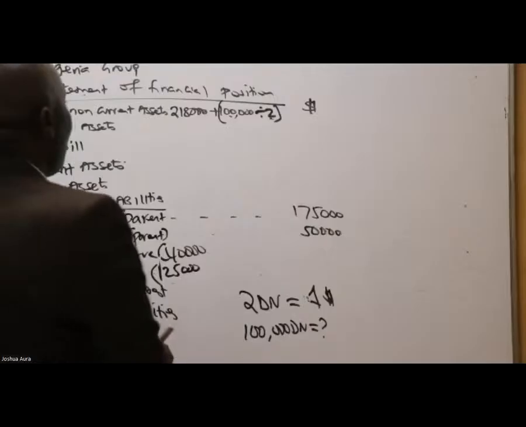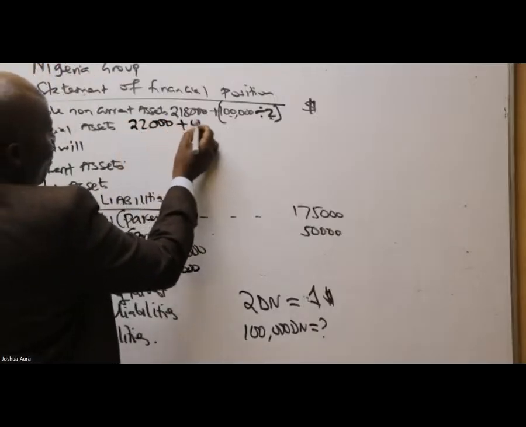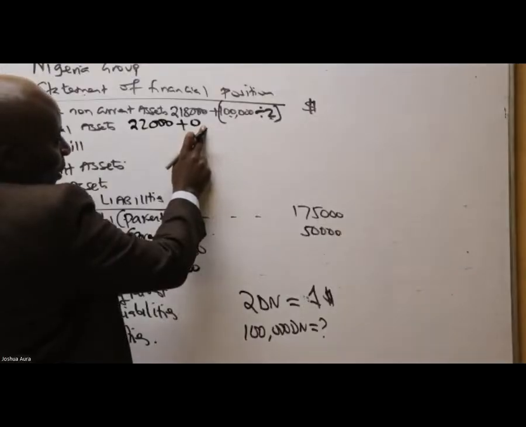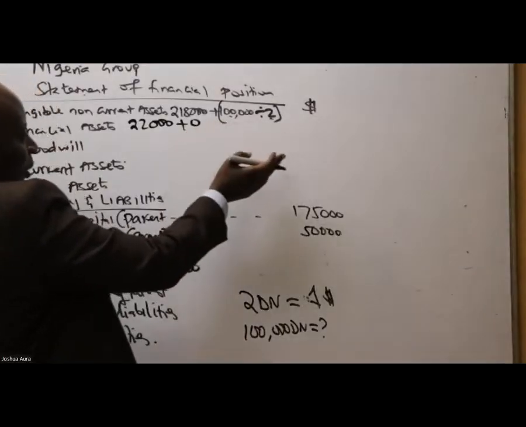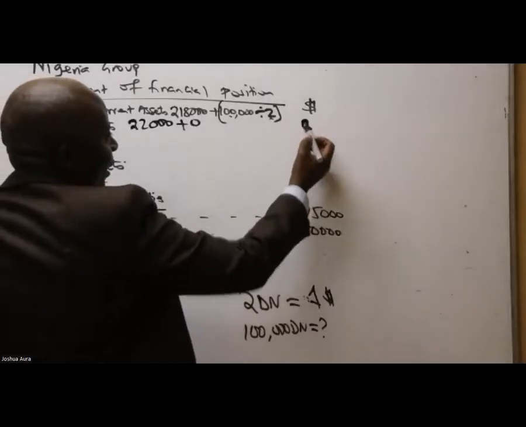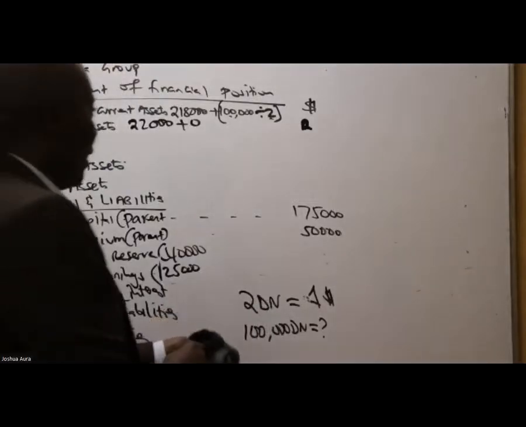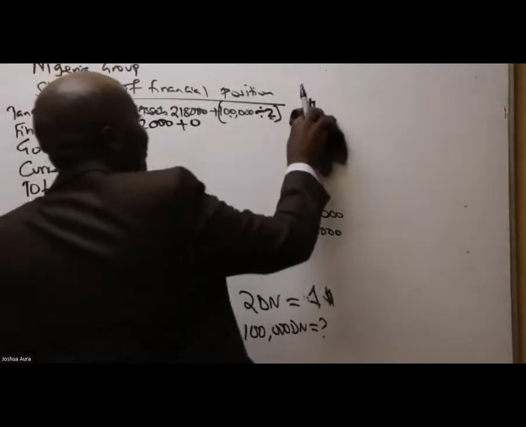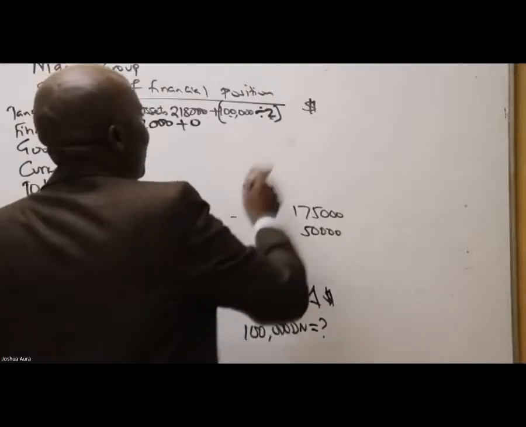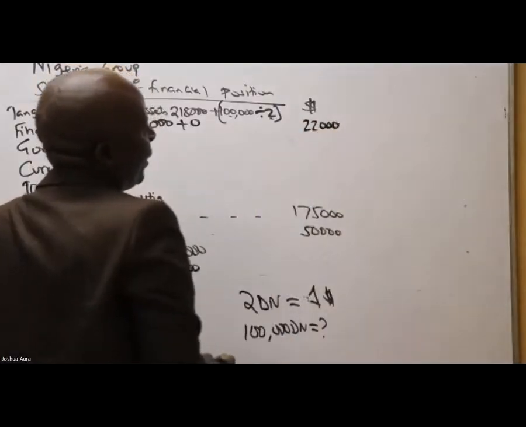So there is no translation really of the subsidiary figure, because 0 cannot be translated. So I can come and simply take my 22,000 there. Final figure.